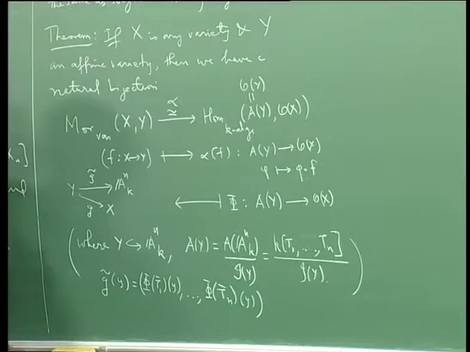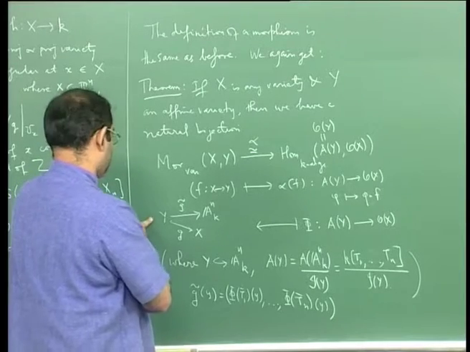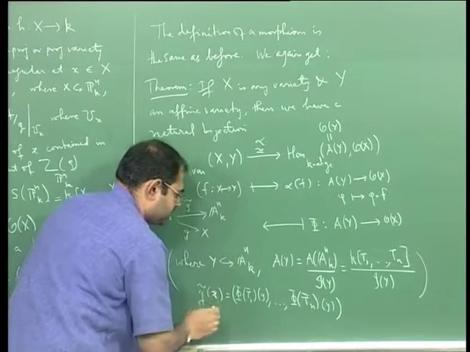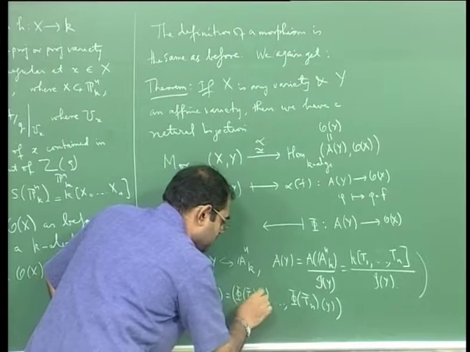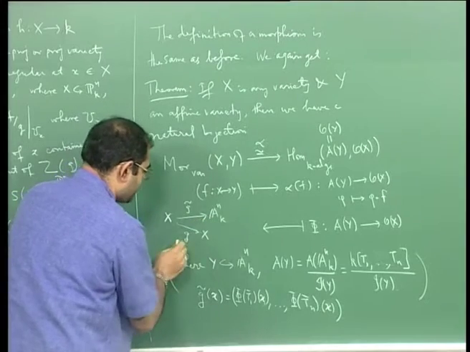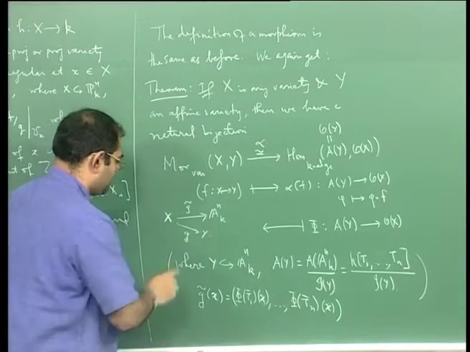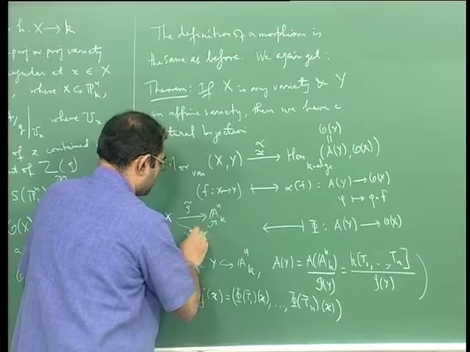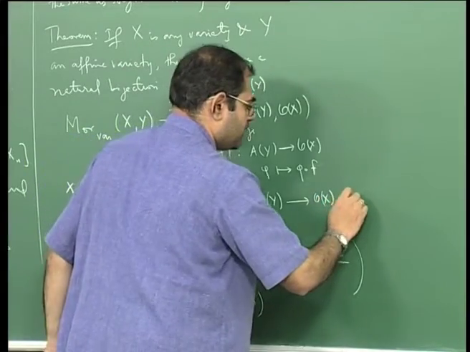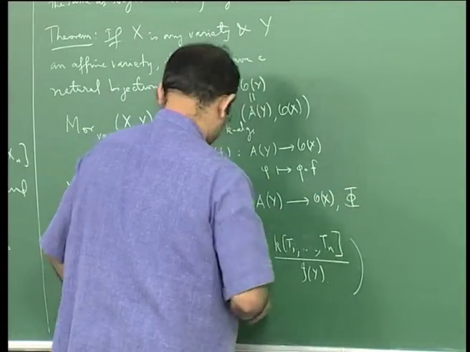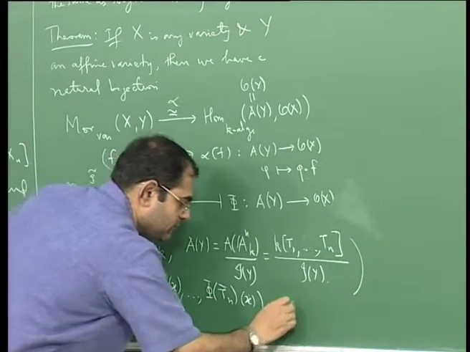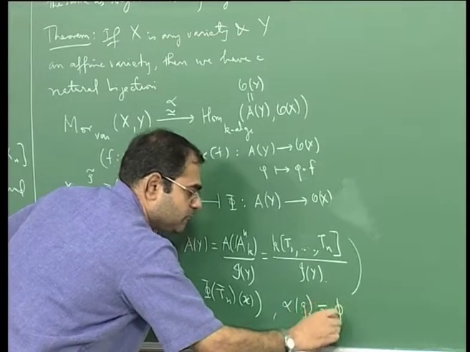Oops, this should have been X. Sorry, these all should have been small x's. So this map is from X to A n, and it factors through Y via a morphism like this, and alpha of this G is actually phi.